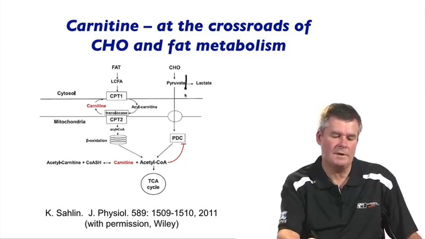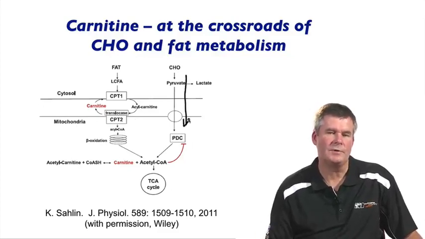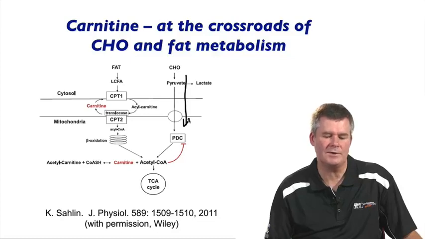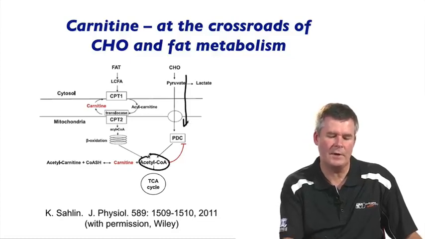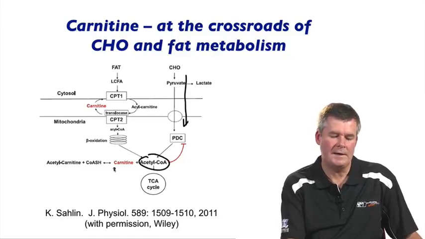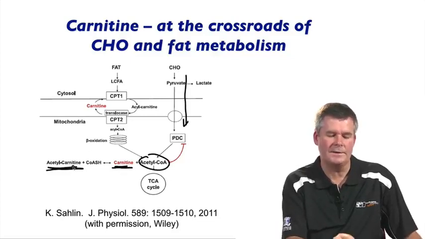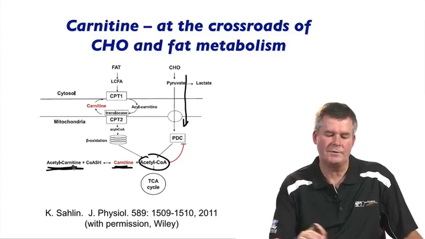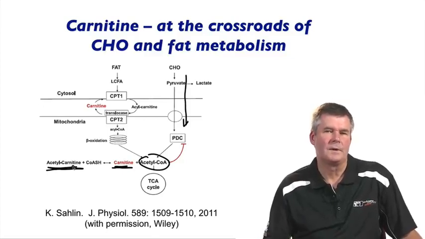If there's a very large increase in the rate of carbohydrate utilization and production of acetyl-CoA, then carnitine can act as a buffer, and you get increases in acetylcarnitine to buffer these increases in acetyl-CoA. One of the challenges then is that this impacts on the availability of carnitine for fatty acid transport into mitochondria, and I'll come back to this point in just a moment.